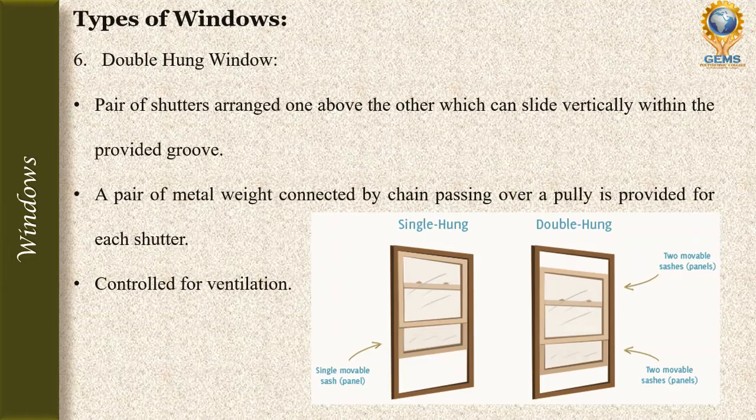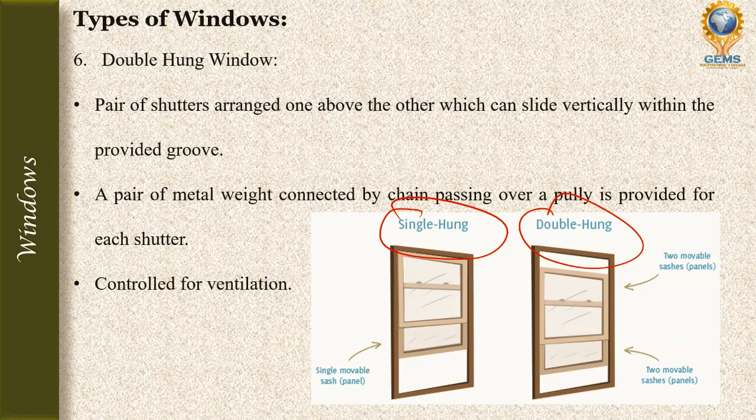Sixth type is double hung window. This is a single hung window and we have double hung window. Double hung window means the two shutters we can move in the vertical direction.